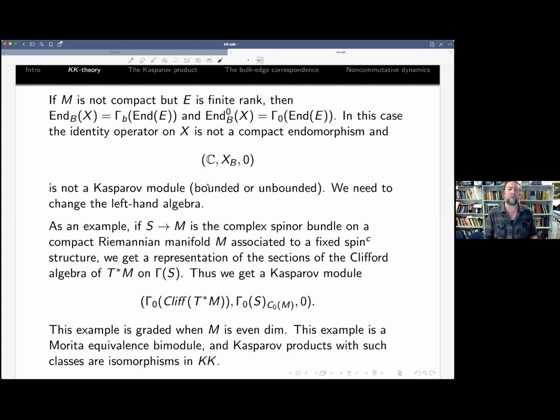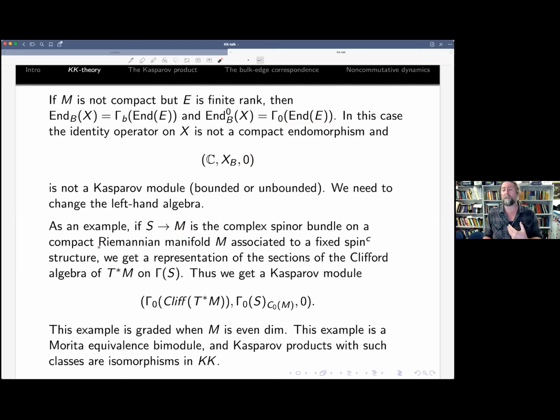You can put an operator here instead of 0 to make a Kasparov module, but I'm going to do something else. So I'm going to specialize to the case that I've got the complex spinor bundle on a Riemannian, oh, sorry, I don't want compact here, sorry, on a Riemannian spin C manifold.